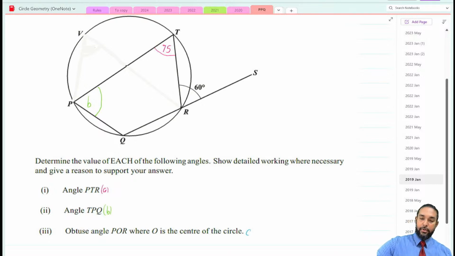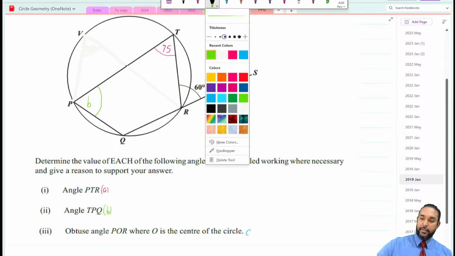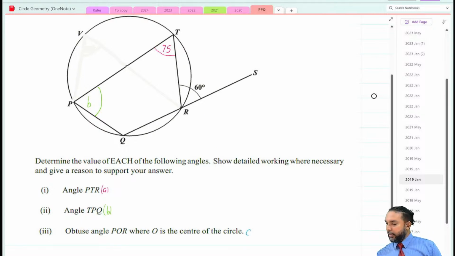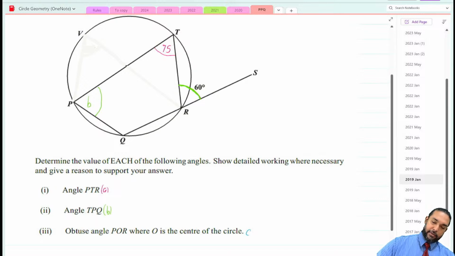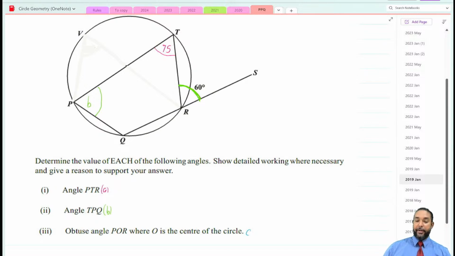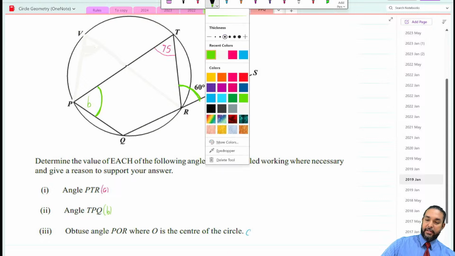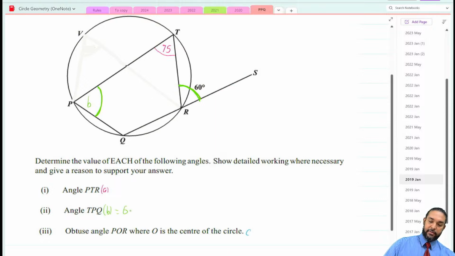And there's a rule that says that... Okay, cool. Right, so this angle here is the exterior angle to a cyclic quadrilateral. And the rule says that it is equal to the opposite interior angle. So for here, the answer for B would simply be that it is 60 degrees.